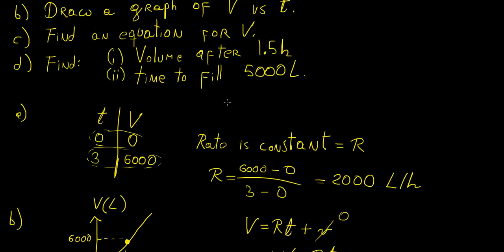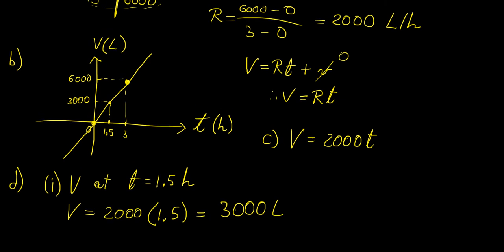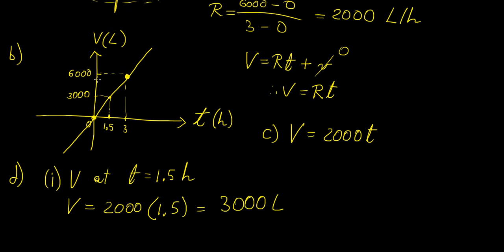Now, part 2 of that question is to find the time to fill 5,000 liters. In this case, we're going to do the opposite. If we are filling 5,000 liters, how much time would that correspond to? So we're going to do the reverse process.